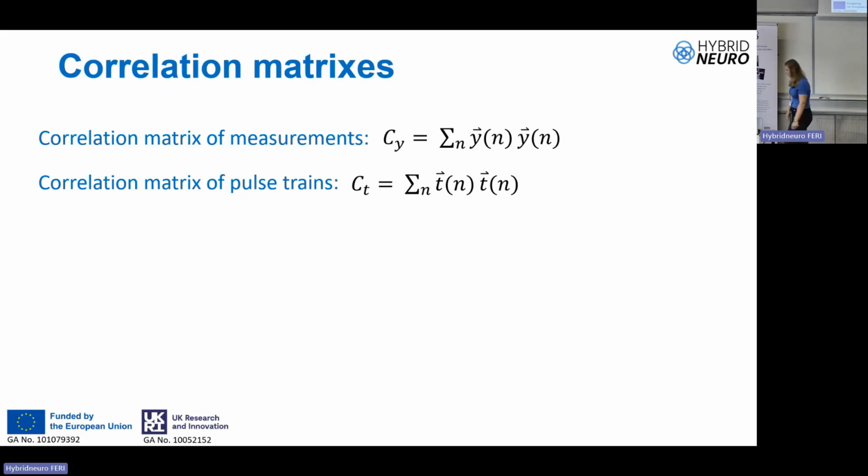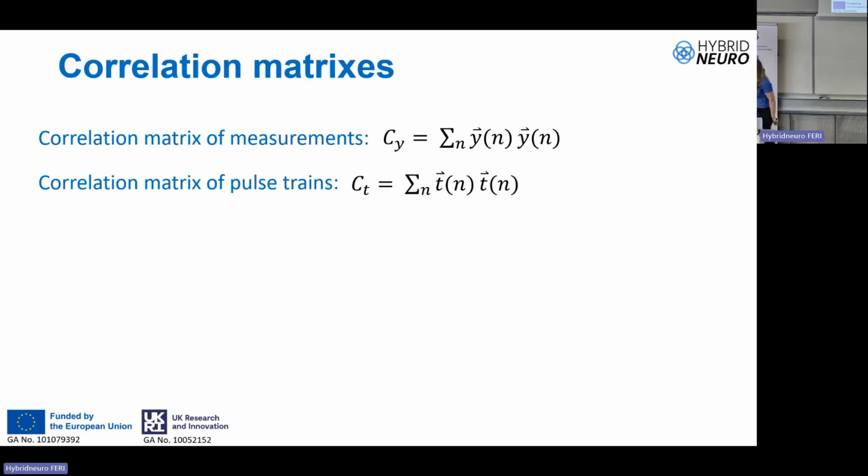Both of those matrices are symmetric, while correlation matrix C is also diagonal if motor units are asynchronous. But if motor units fire more synchronously, then it is only dominantly diagonal.